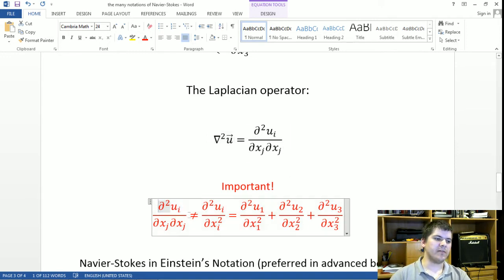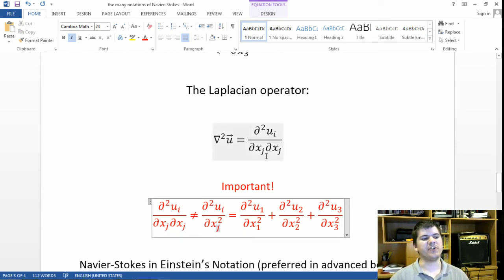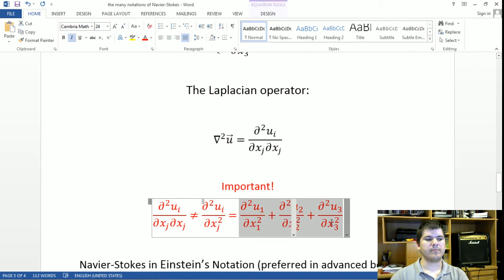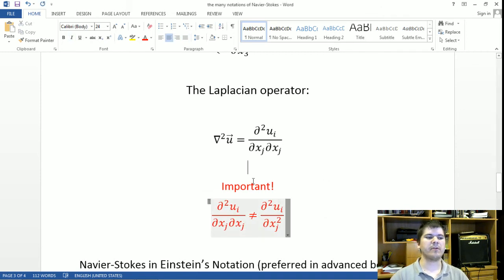So this is not equal to this. Keep that in mind. When you have a sum over a certain dimension for a certain index, you have to express it like this. That's why we don't express this as this, or x subindex j. Okay? So keep that in mind. It's very important.